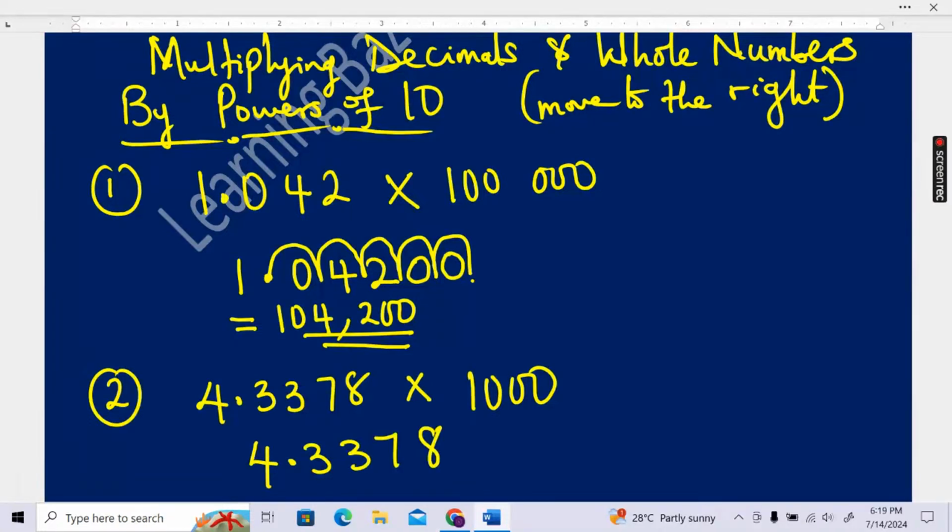This is not divided. So that's 4.3378 times 1,000. So we are multiplying by 1,000 and 1,000 has 3 zeros. Let's move the decimal point 3 places to the right: 1, 2, and 3. So the decimal point is right here. The final answer is 4,337.8.